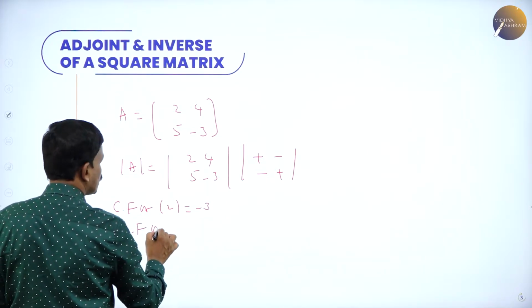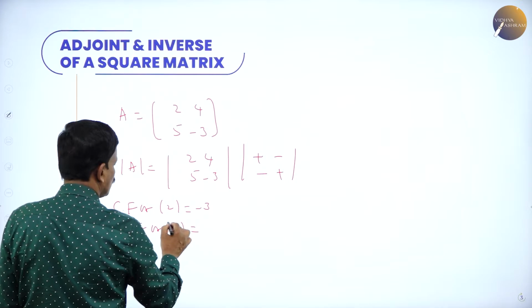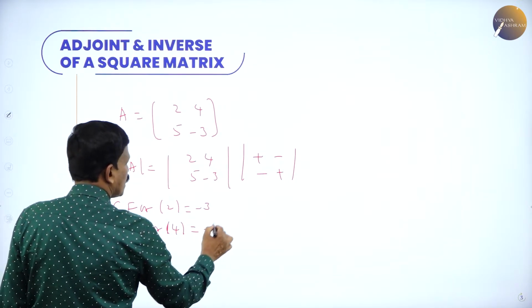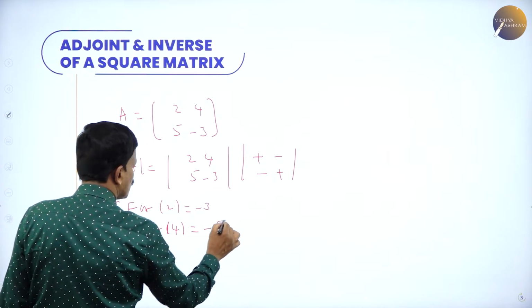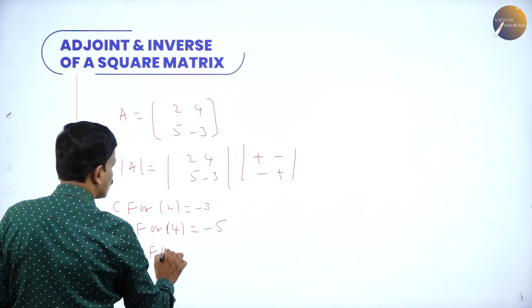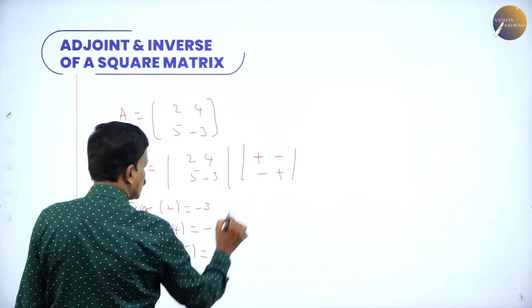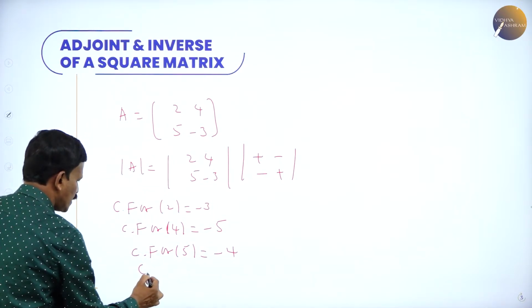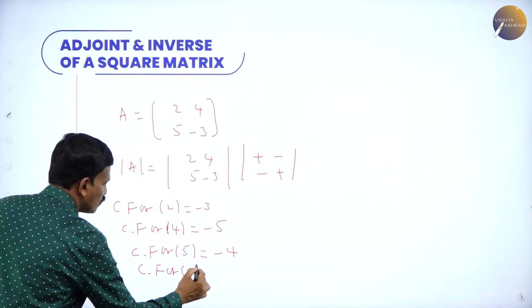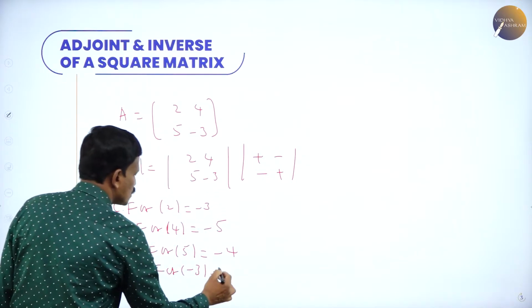Again, cofactor of 4 has a negative sign, delete the row and column containing 4, what is left is 5. The cofactor of 5 is negative sign, delete the row and column containing 5, that is 4. And the cofactor of minus 3 is 2.